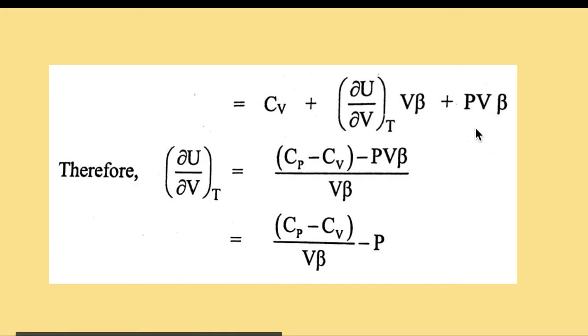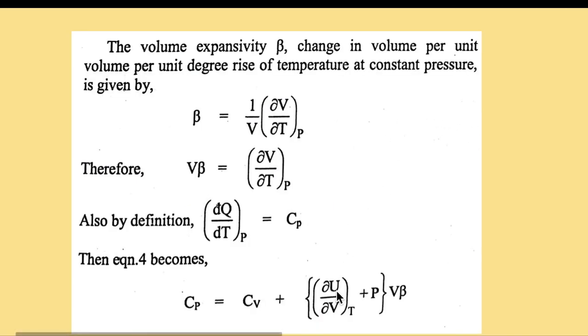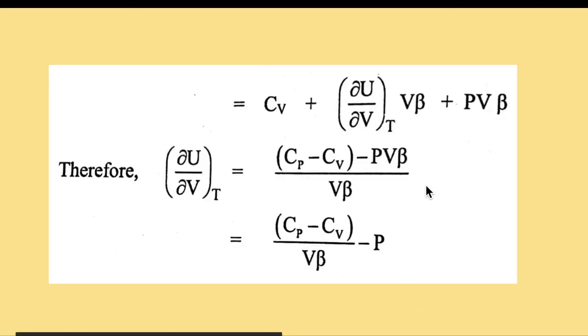And on multiplication, you are expanding this: Cv plus du by dV at constant temperature into V beta plus PV beta. Therefore, du by dV at constant temperature, you can write as Cp minus Cv minus PV beta, divided by V beta.